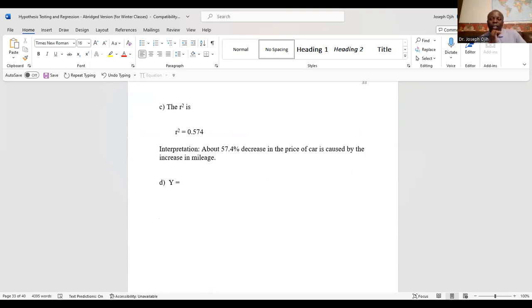From the general regression equation, you know that one part is the intercept, the other part has the x value. So you have b0 plus b1 x.